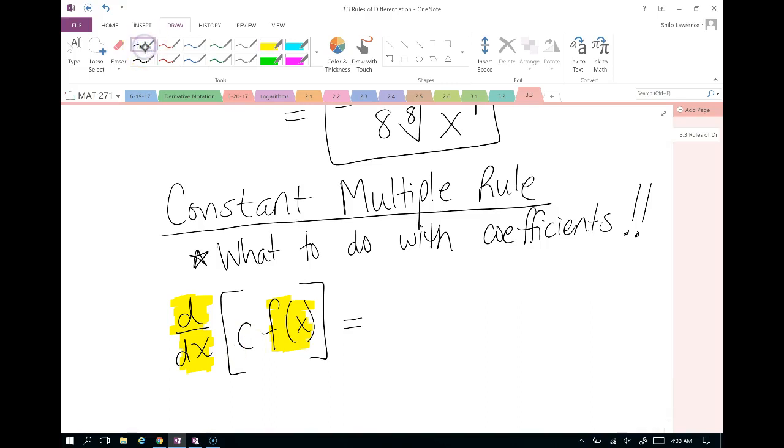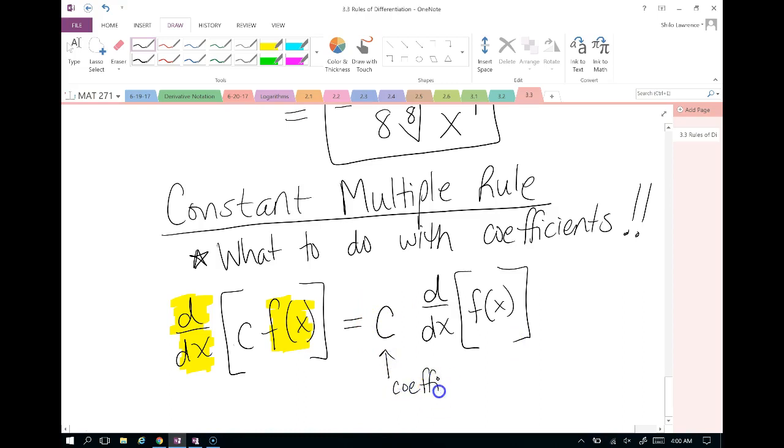So technically, we can just ignore the c and we can pull it out and just worry about taking the derivative of the function. The c is a coefficient, and it just gets carried along to the answer. So this would be c.